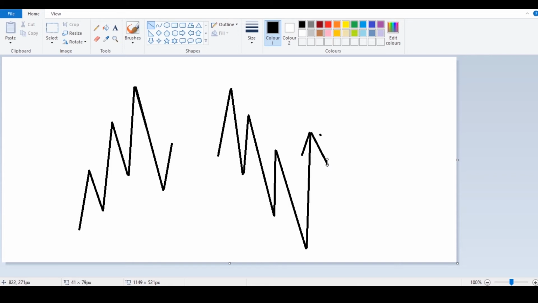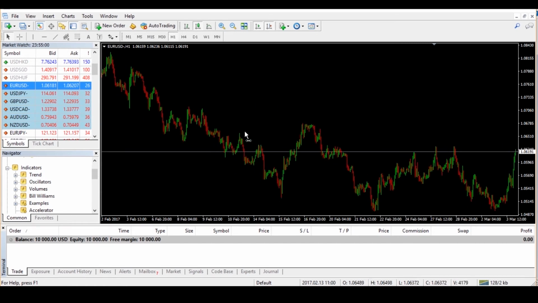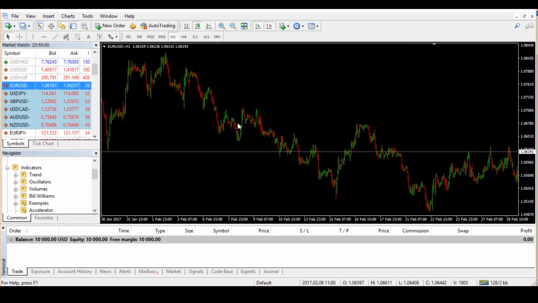Now let's look at this practically in terms of the market. Now you're not going to find anything perfect, so you want to look for a more or less all the time. So I think this is as good as it gets. So this is a downtrend.